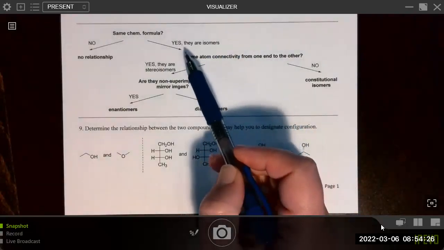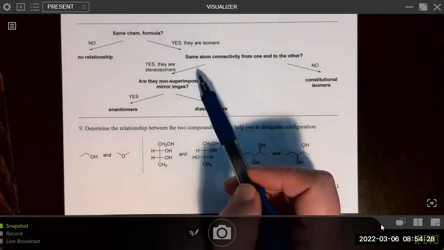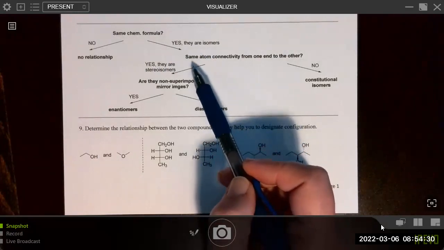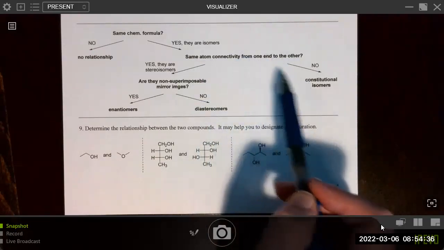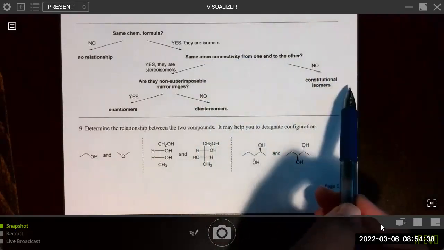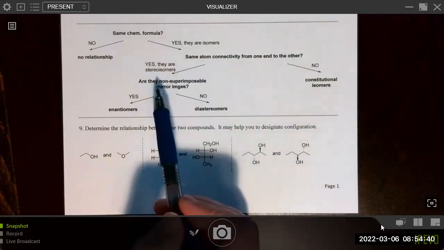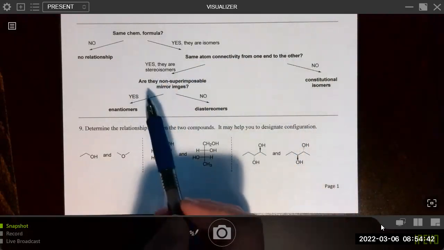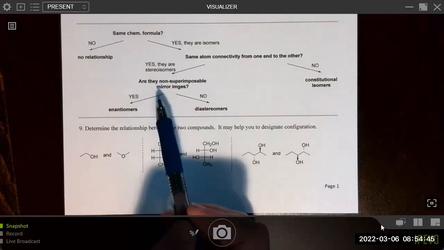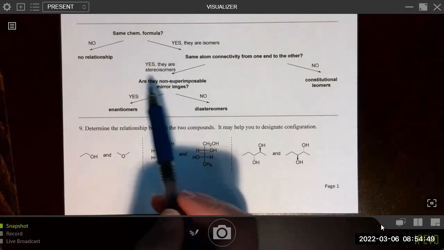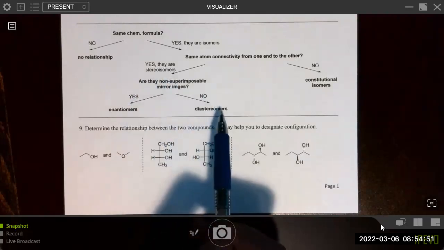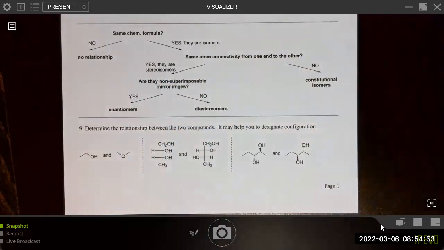Then we ask ourselves, do they have the same atom connectivity from one end to the other? If you say no, then they're constitutional isomers. Yes means that they're stereoisomers. Then if they're stereoisomers, ask yourself, are those two things related as mirror images? If the answer is yes, they're enantiomers. If no, then they are diastereomers.